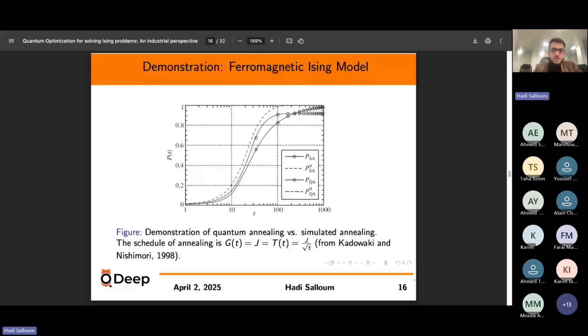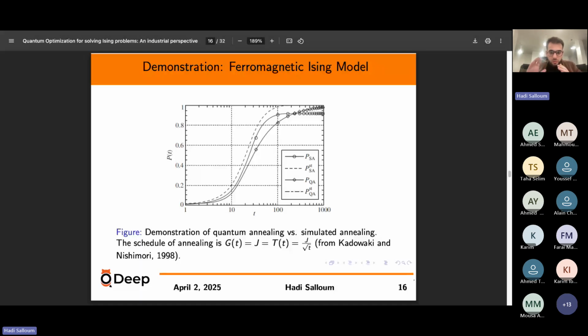The first demonstration was for the ferromagnetic Ising model, and this paper was by Nishimori, who is considered the godfather of quantum annealing, and he compared quantum annealing and simulated annealing. He compared them with the schedule, because as you saw before, the schedule is the only thing that can make us understand how this annealing process will happen.